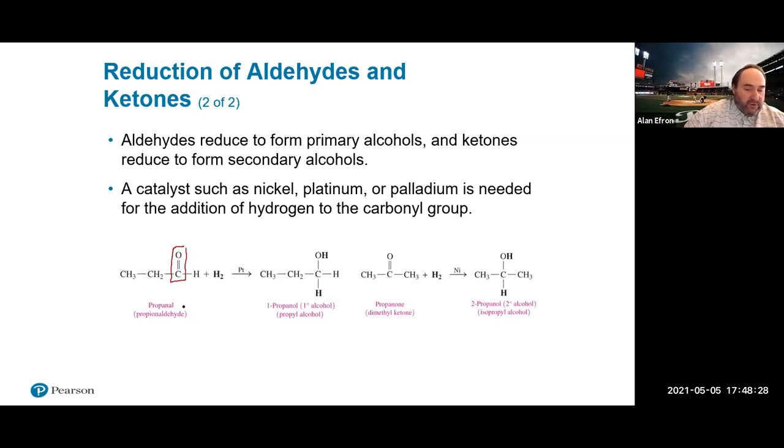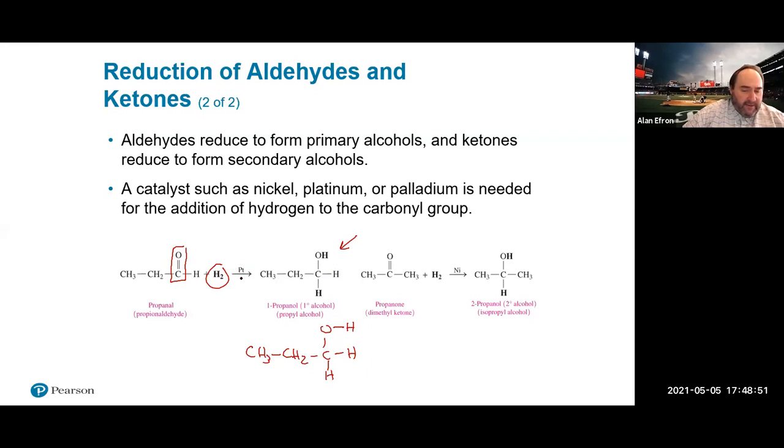And if I wanted to draw it going to the right, I would simply copy everything exactly the same. I would not change one thing except I made my double bond into a single bond. Adding that H2 means I will throw an H there and throw an H there. And now I have my alcohol over here.